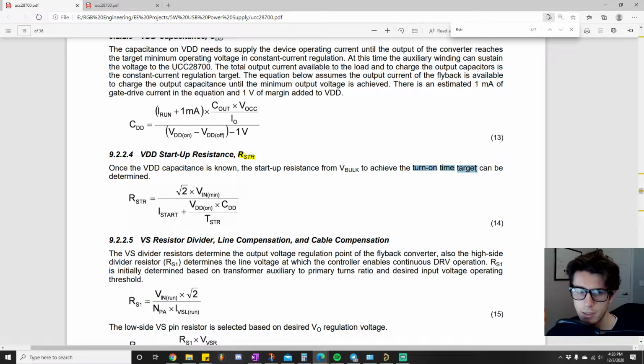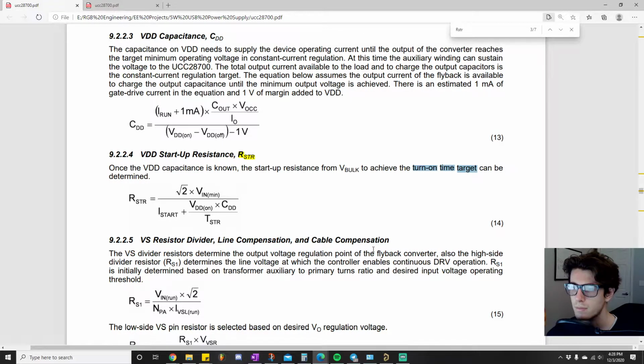What that means is we pick the turn-on time of our system, and that leads to the question: what do we want our turn-on time to be? This goes back to the value judgment calls that engineers make. From my experience, you might pick a turn-on time target that meets industry standards, like the typical turn-on times of other power supplies.